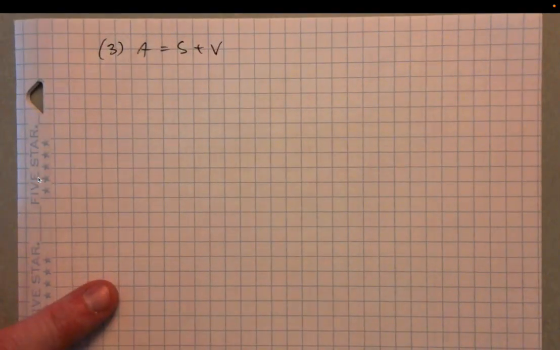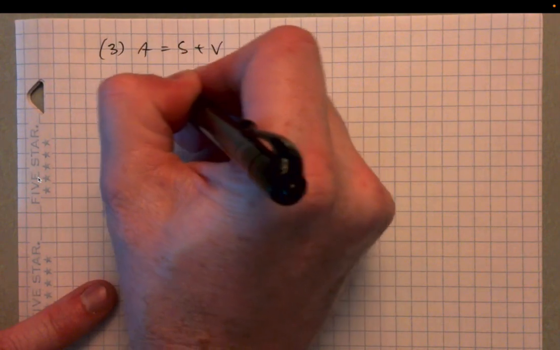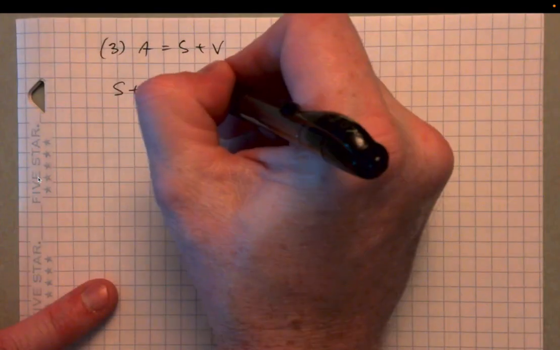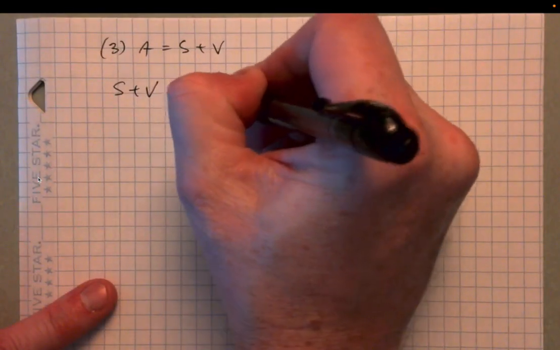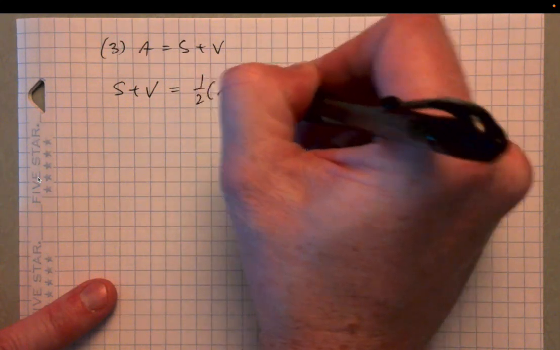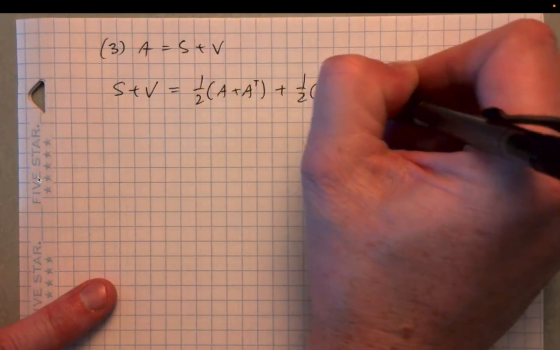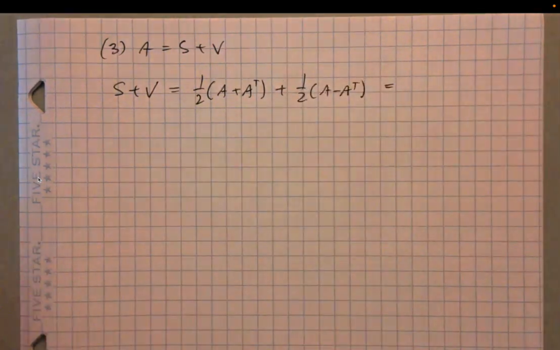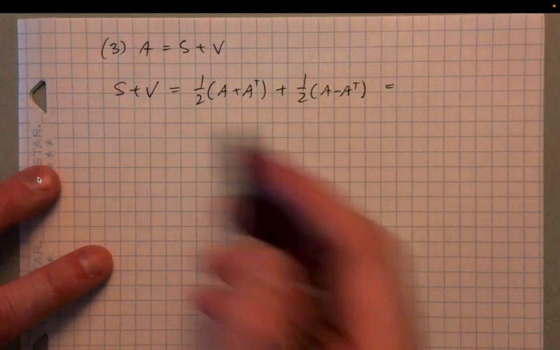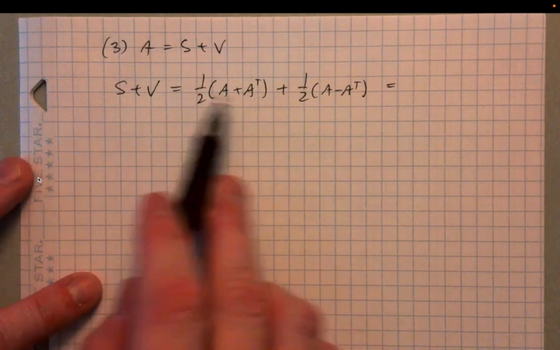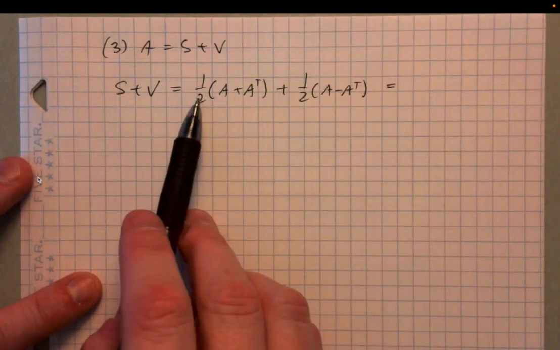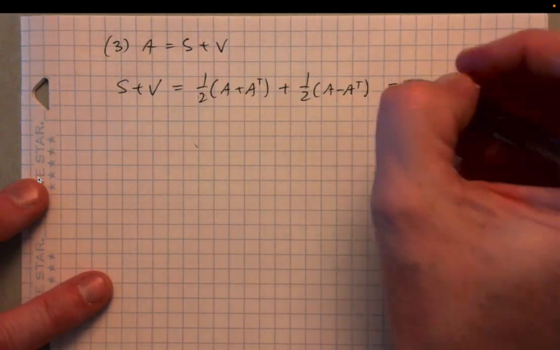Well, this one is very easy to show, right? You just start with S plus V, and then you just add them together. So 1/2 (A plus A transpose) plus 1/2 (A minus A transpose). Go ahead and use the properties of scalar multiplication to distribute the 1/2.